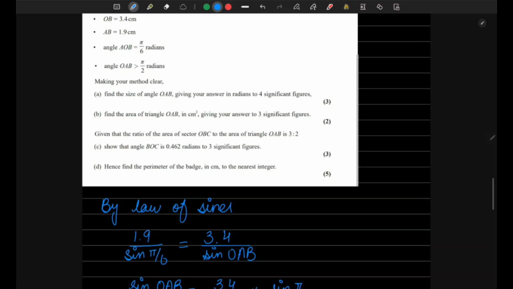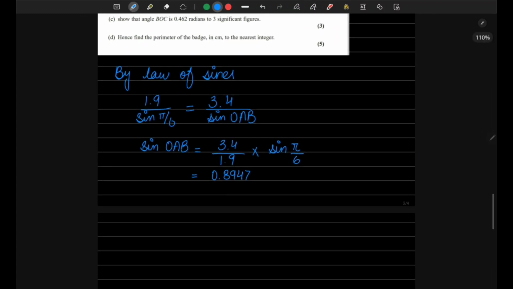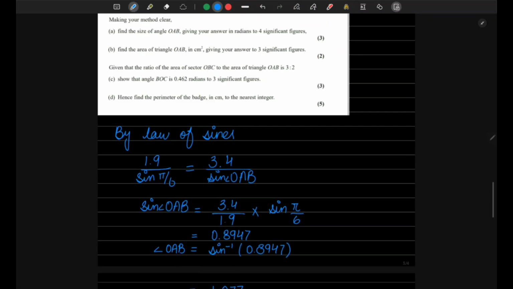Then sine inverse of this will lead us to the angle. It will give you 1.077. Okay, so this is your angle.